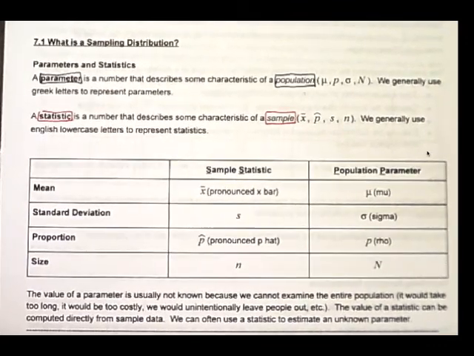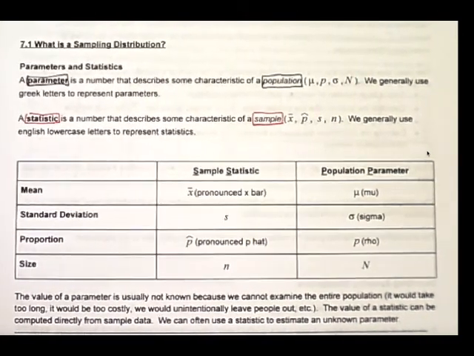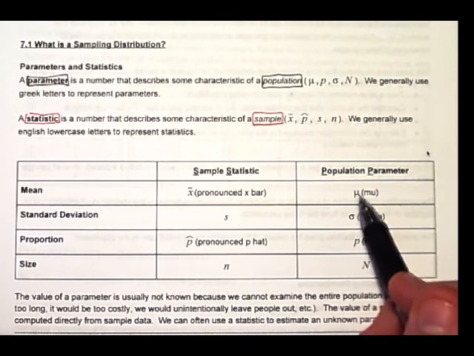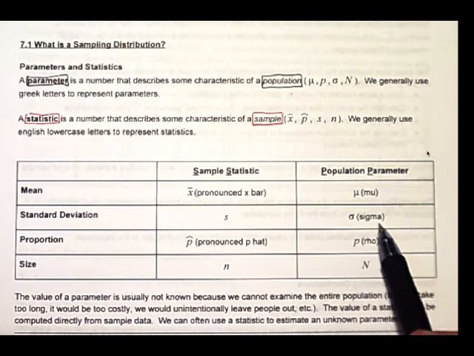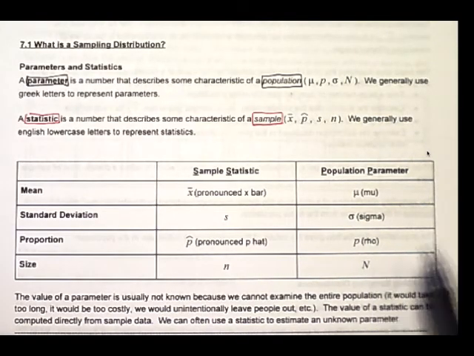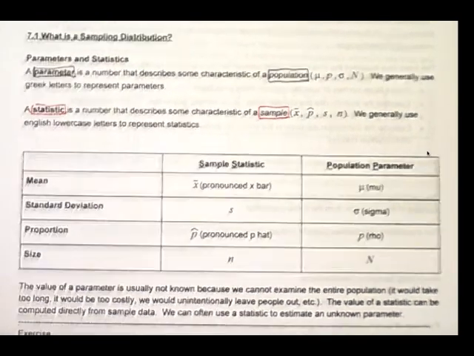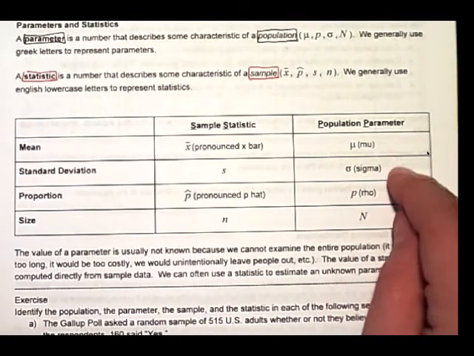So remember, a sample is just a small subset of the population. But if we had data from everybody in our population, the population mean would be mu, the population standard deviation would be sigma, the population proportion we would denote with rho, and population size, capital N. Now, most of the time, we don't actually know what these things are.